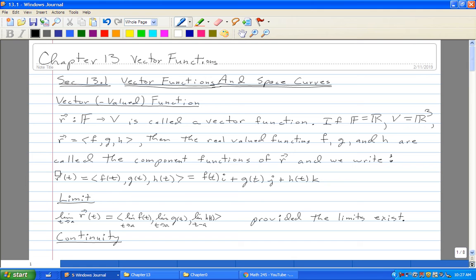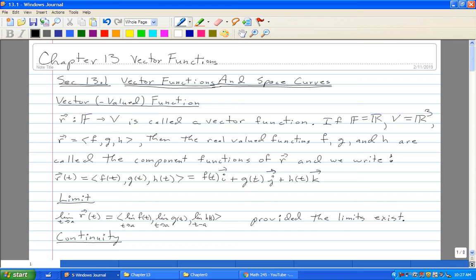And we write the vector r of t as equaling the vector with components f of t, g of t, h of t. Or I can write it as f of t times the standard basis vector i, g of t times the standard basis vector j, plus h of t times the standard basis vector k.